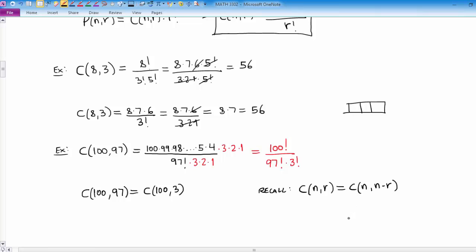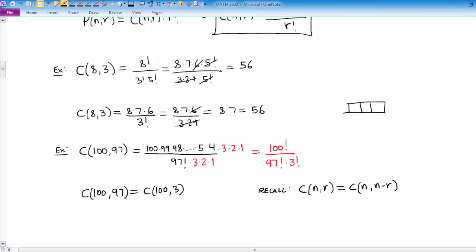It's called the symmetry. And this is actually very easy to prove if you can work with the formula. From the formula here, you can actually obtain the formula here. It's very easy. I'll leave that as an exercise.